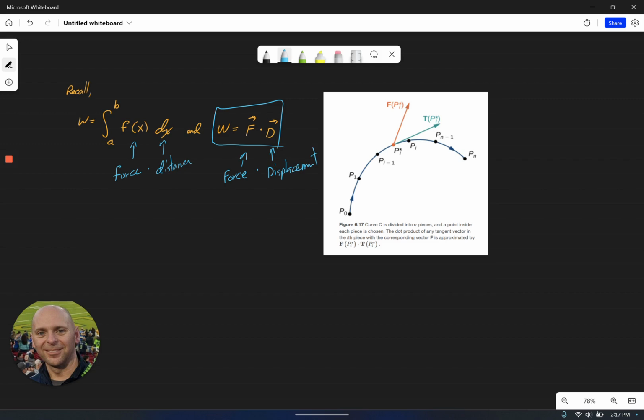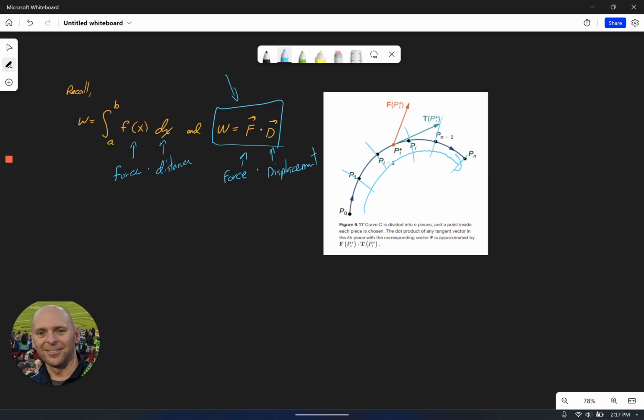Effectively, we're going to try and merge these two things together, but it's this second one, this vector version, that we're going to work with initially here. And the story that we get will be pretty much the same as a story of any integral. So if I want to know something about the work required to move my particle along this pathway through some particular field, what we'll do is we'll chop it up into little subintervals.